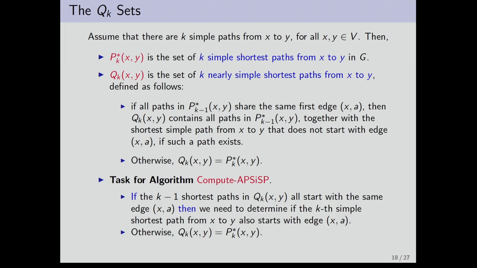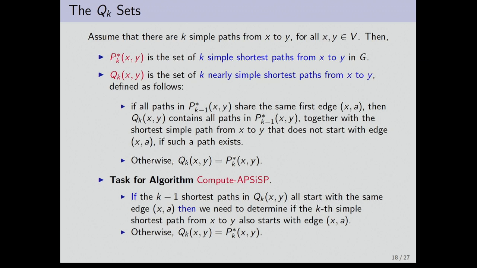And so now, suppose we have somehow computed the Qk xy sets, and we know we can do it for Q2. The task for the algorithm compute APSISP is very specific. It says you already have a Qk xy, you just examine it and check, are the k minus 1 shortest paths in it all starting with the same edge xa?